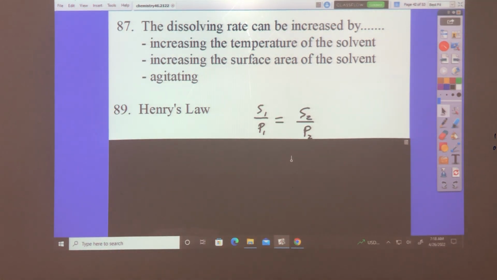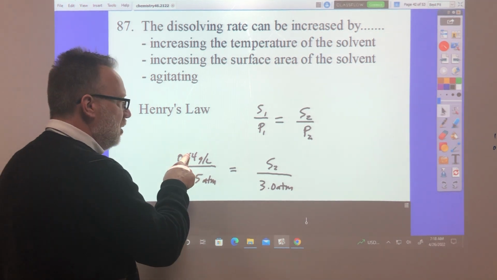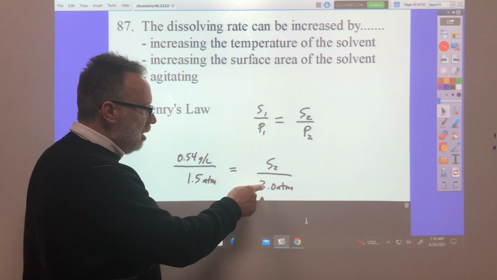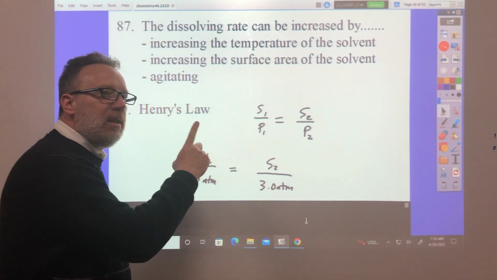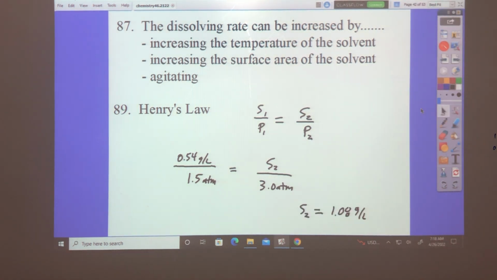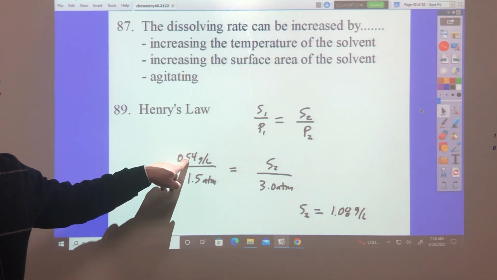So all I have to do is put 0.54 grams per liter as the solubility over 1 atmosphere. Double the pressure, should double that, cross multiply, divide. You should know how to do that. And it comes out to 1.08. All you gotta do is double that number.